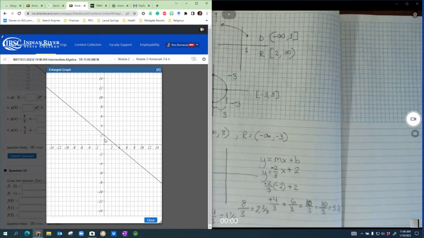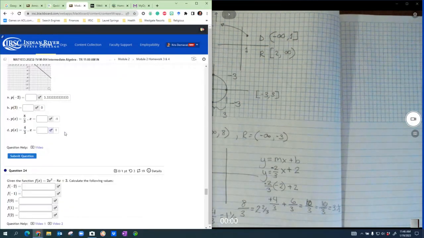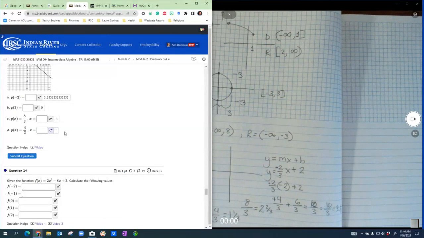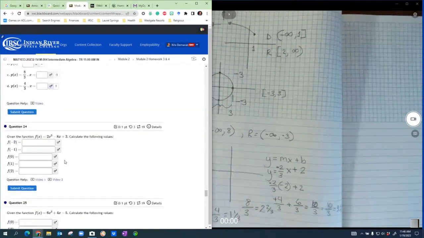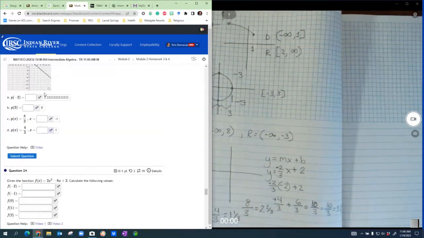See, so I can see now where this is going. All right. So this is going to be the value of 1. So I put 1 in there. For the input, it would be 1 when I have the output as 1 and 1/3. Now that's when you're looking at graphs.